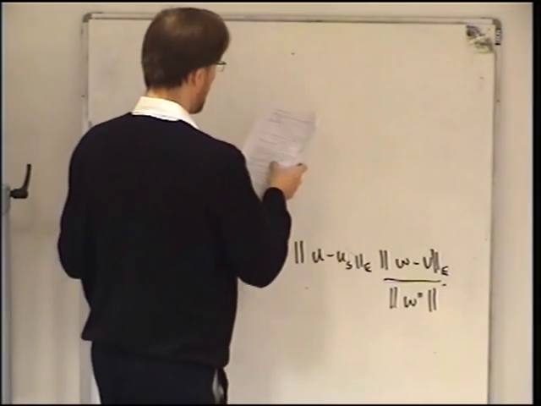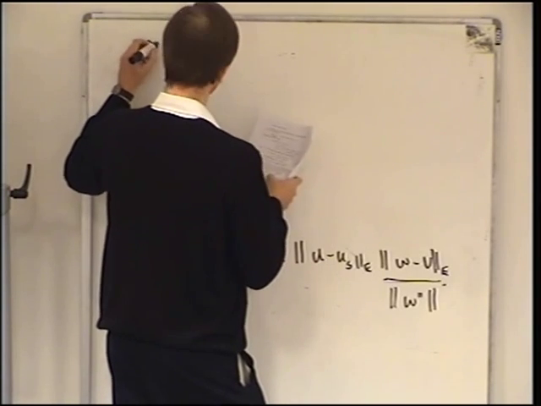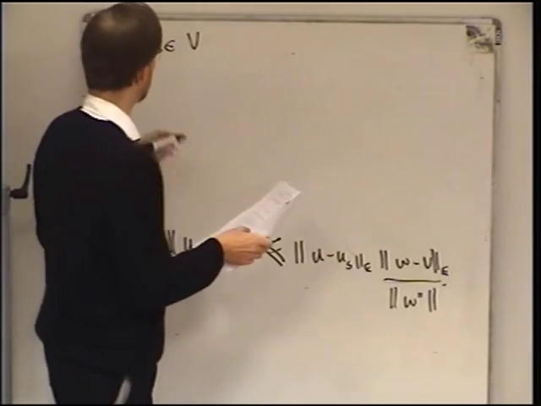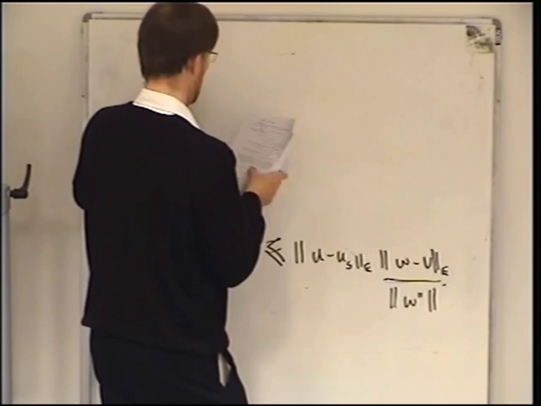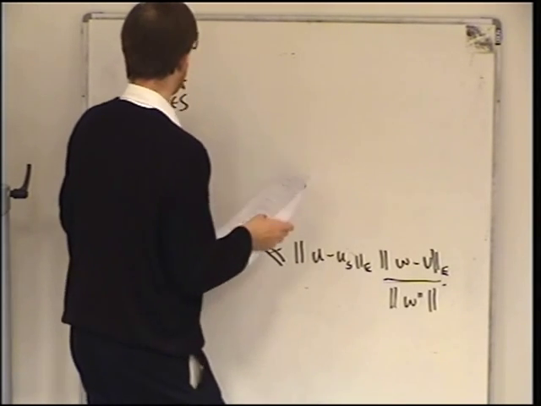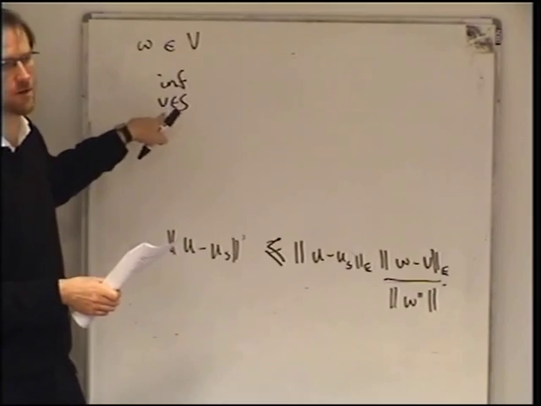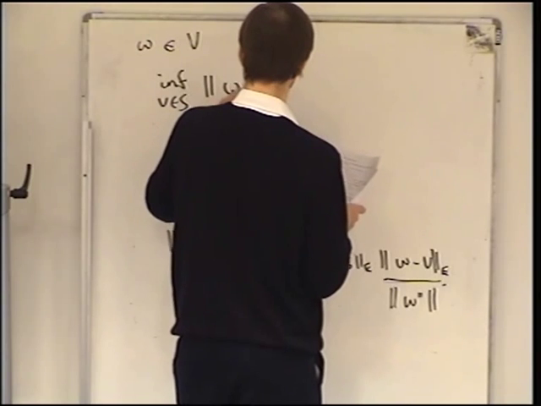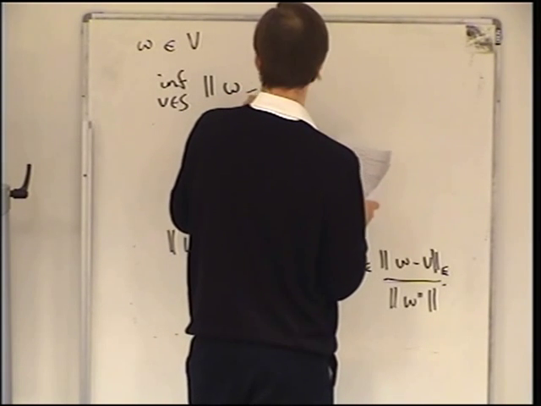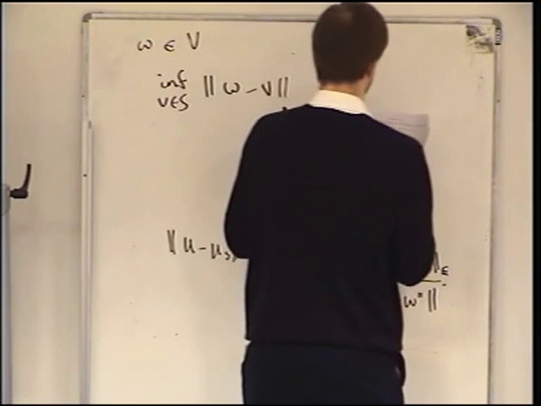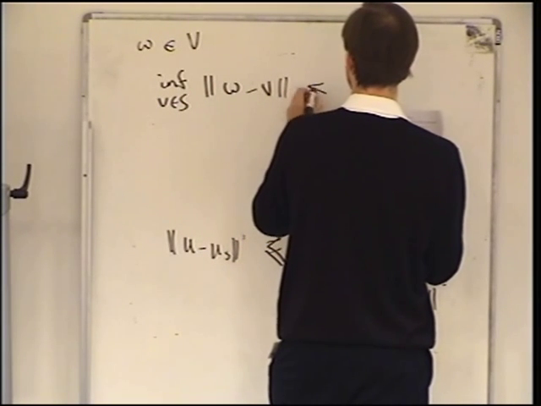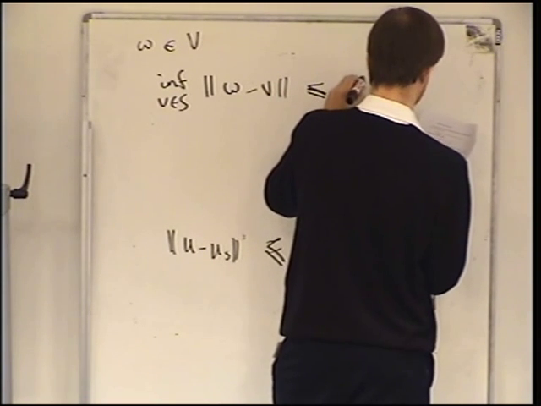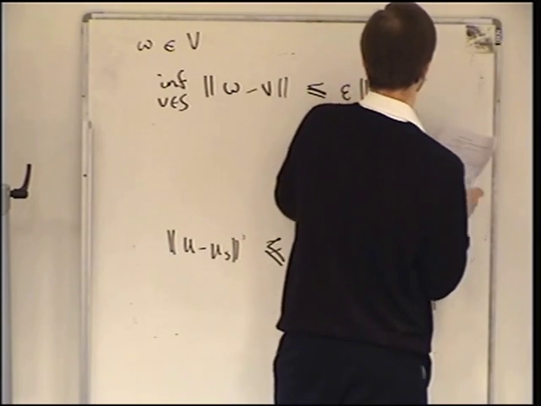We'd like to be able to say, if I take W in V, just some W, that the infimum of V in S, so that's to say the best approximation by something in my discrete space to this function, the energy norm of that is less than or equal to some hopefully small parameter times this.